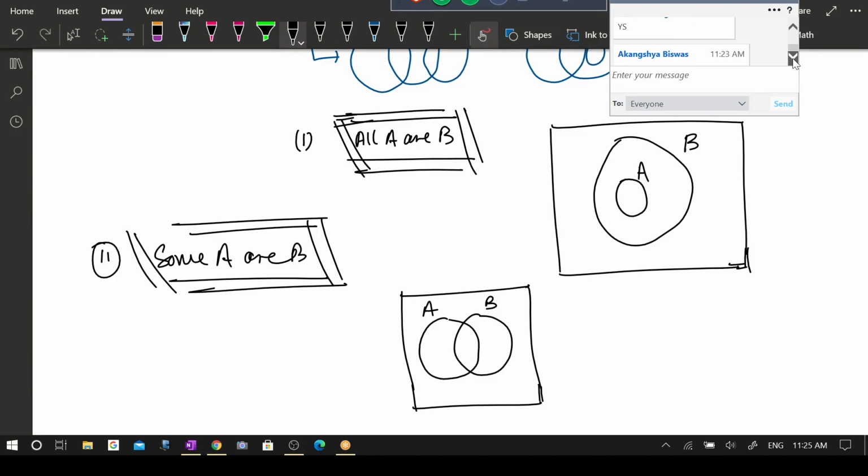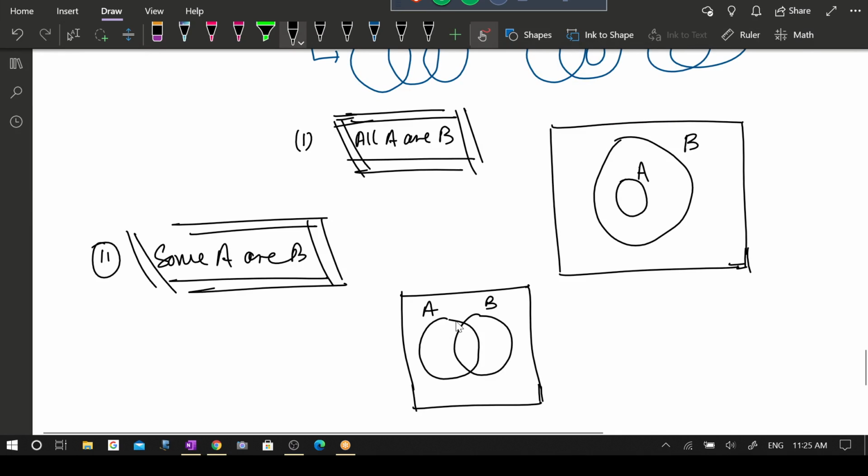Where we just have overlapping. Good guys, good to hear from all of you. We'll have two very simple logics. All A are B is this diagram, some A are B is this diagram.